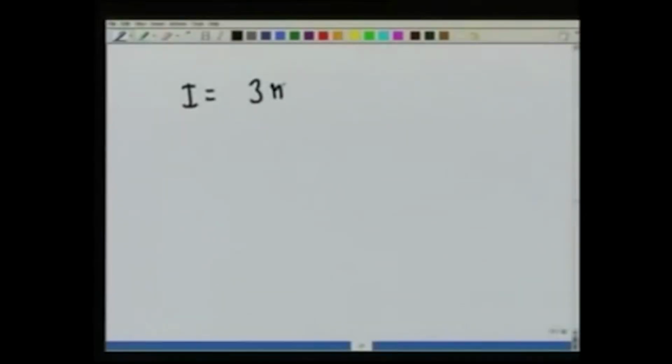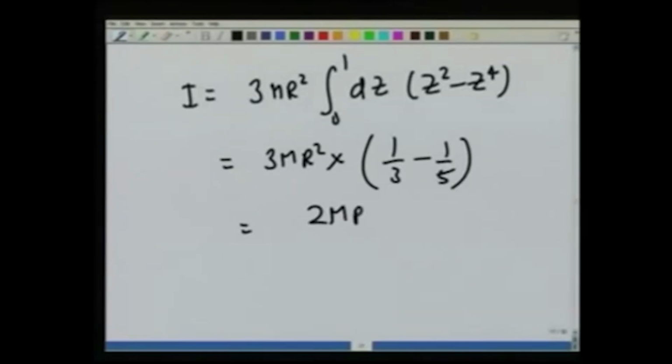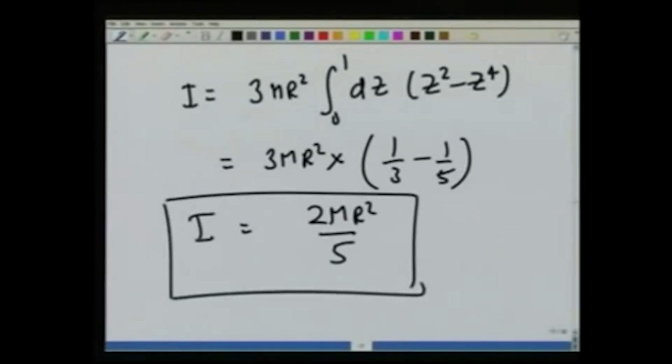Therefore, the moment of inertia I is going to be 3 mR square, 0 to 1 dz (z square minus z raised to 4), which is nothing but 3 mR square times (1/3 minus 1/5), which is 2 mR square by 5, and that is the moment of inertia of a sphere about one of its axes.